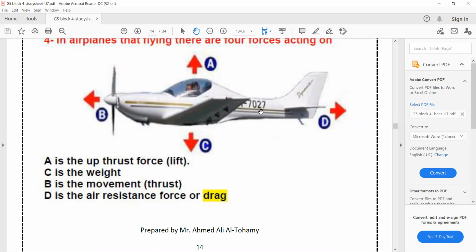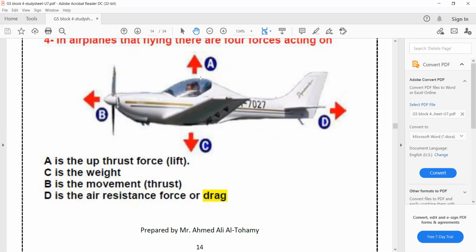In this case, if the plane doesn't go upward or downward, A and C are balanced forces. They have the same magnitudes but opposite direction, so the plane doesn't move upward or downward in this case.